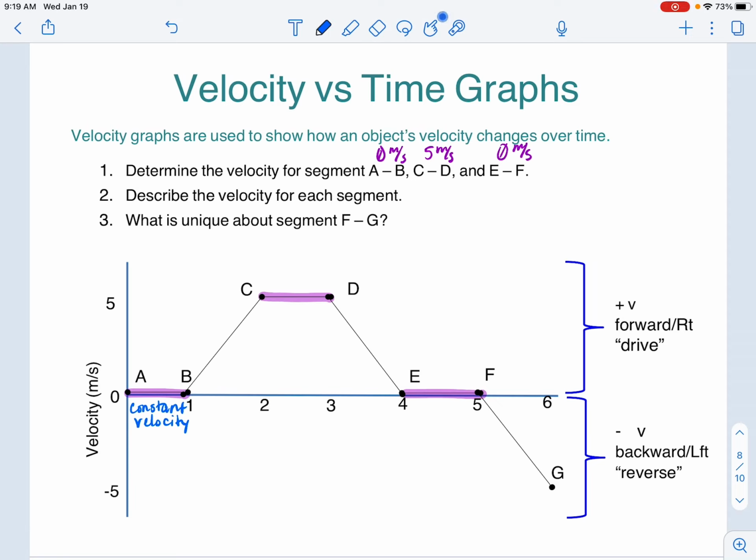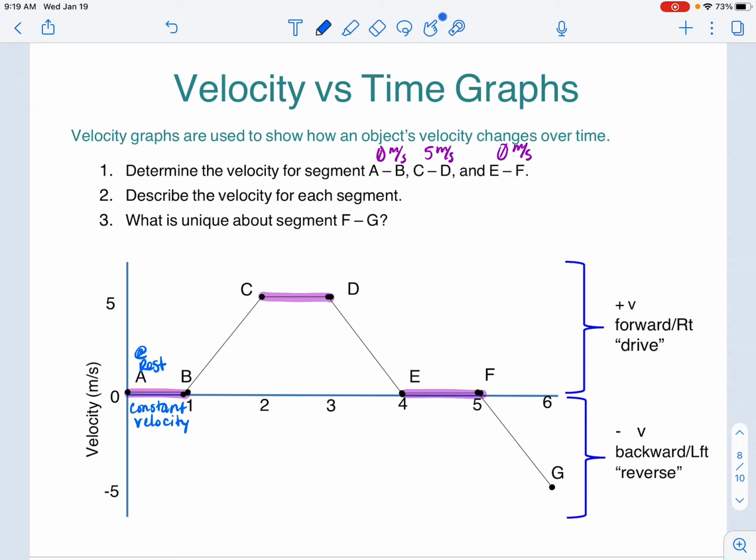So if we are at a value of 0, I would prefer you to tell me that this object has a velocity of 0 or this object is at rest. All right, so for future questions, we want to make sure that we are focusing on the fact that my object is at rest for this segment. It is not wrong to say that it's a constant value, but you need to be specific. It's at a constant value of 0.